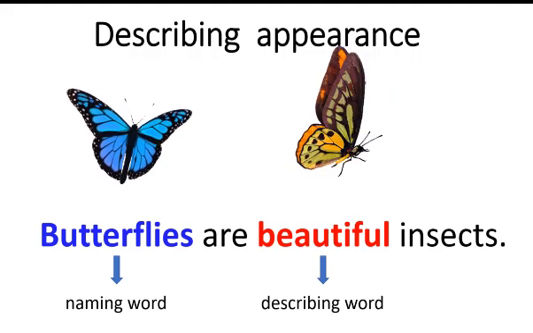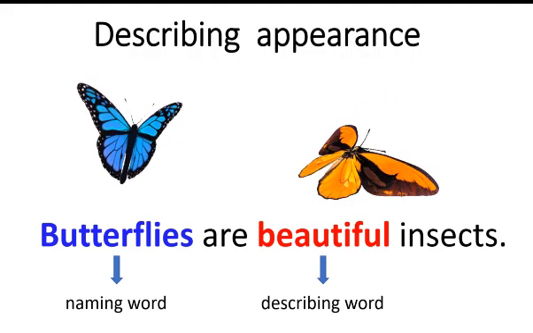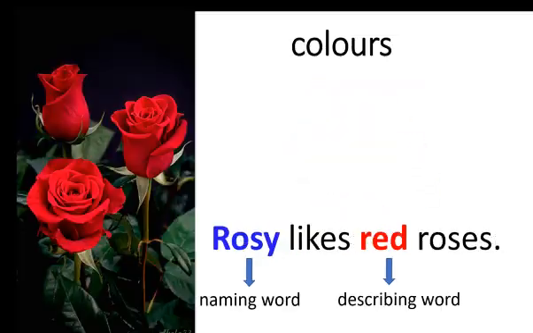Here the appearance of butterflies is described. Rosie likes red roses. Rosie likes roses. But what kind of roses? Red roses. So here the color of the rose is described. So Rosie is the naming word and red is the describing word.